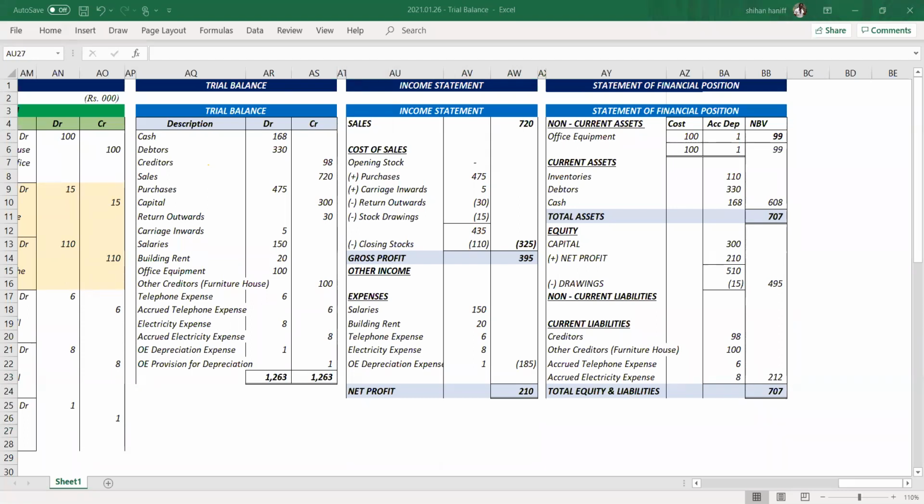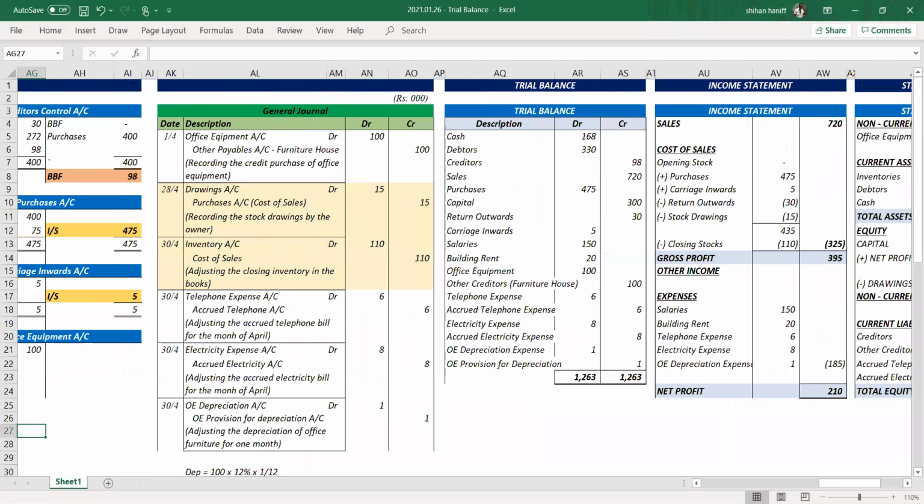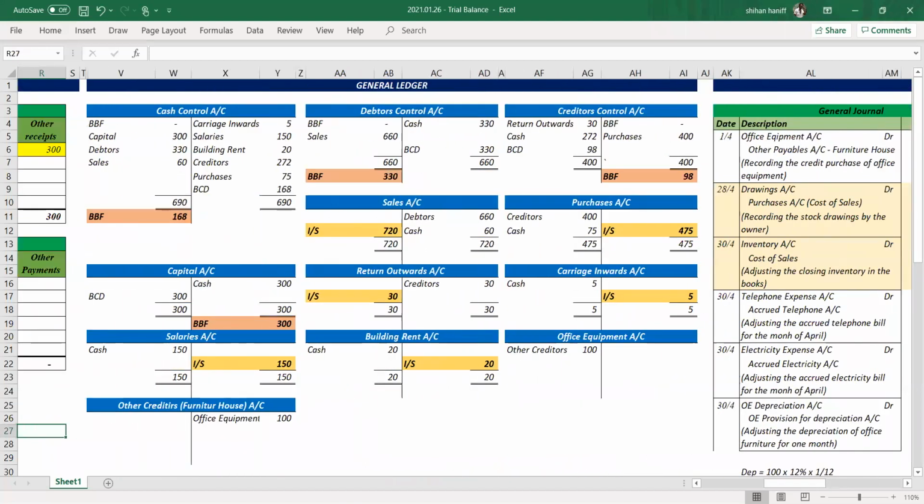Right. Not over. We have another part to do. We did only the general ledger. Right? Let's do the sub ledgers.